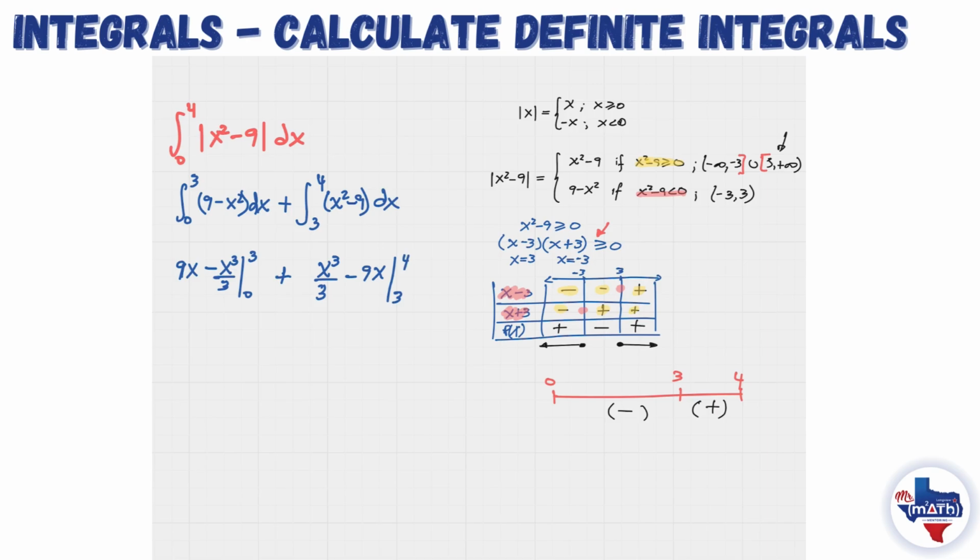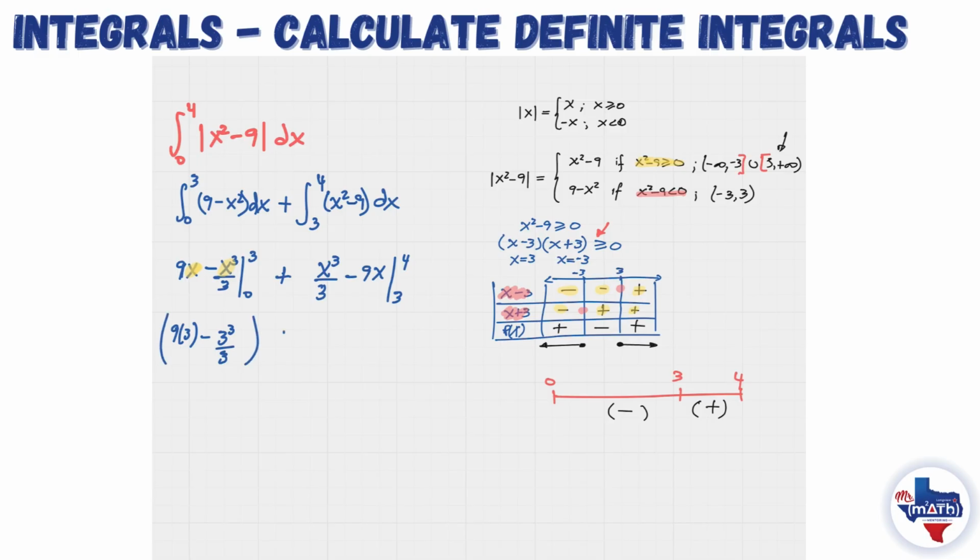Okay, the first one will be the function evaluated on 3, so it will be 9 times 3 minus 3 to the cube over 3, minus the function evaluated on 0. Once again, this one has the variable, so if I evaluate on 0, that will just disappear, so we don't need to calculate in 0.